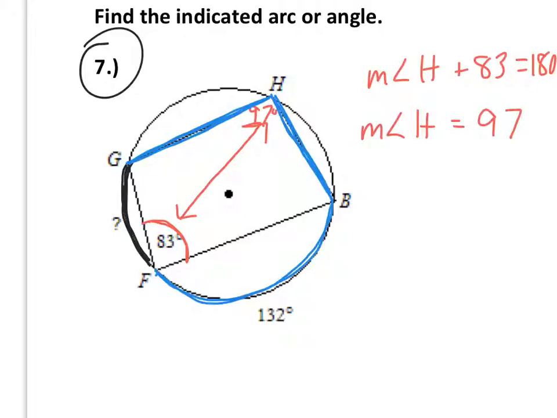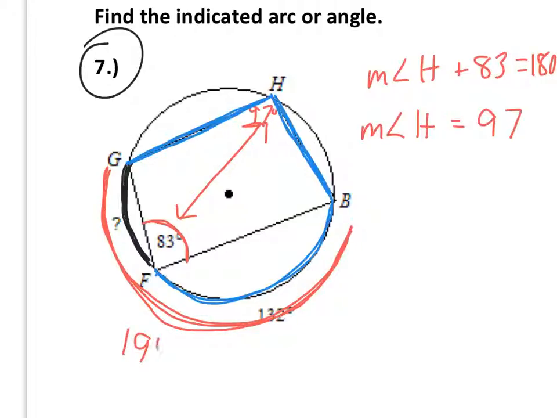And we know that an inscribed angle, the degree measure of that, is half of what the arc measure is. So we know that this full arc measure, including the 132 degrees and the question mark, has to equal 97 times 2, which is 194.